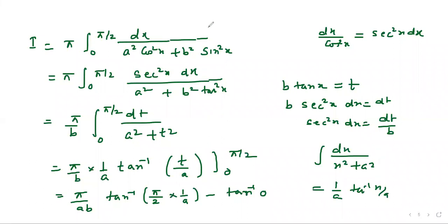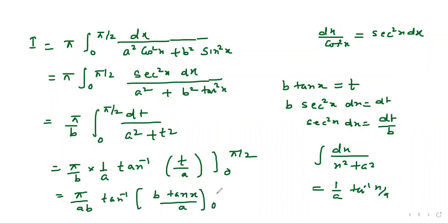Sorry, here there is one mistake. Before putting the limit, we must put the value of t, as we have not changed the limit. So it will become tan inverse, in place of t, let's write b tan x upon a.